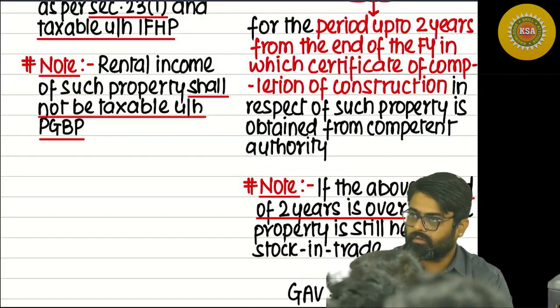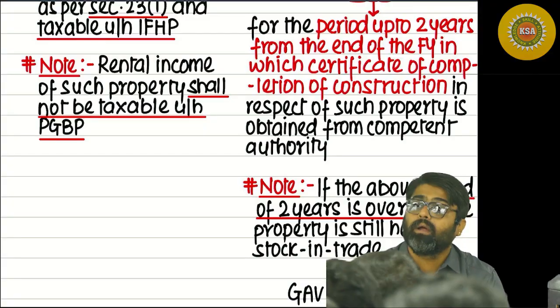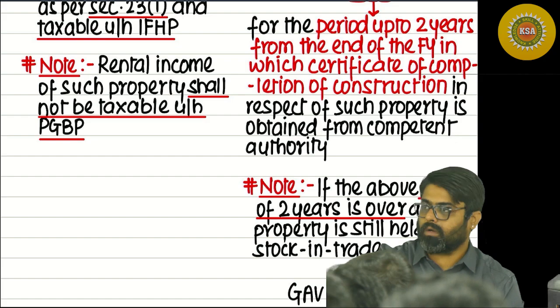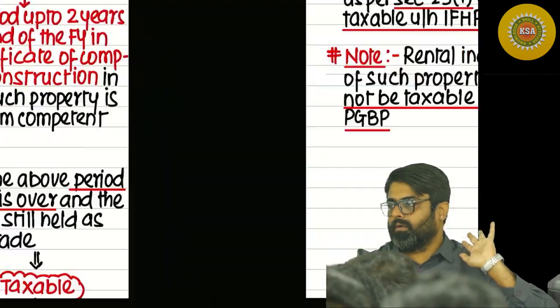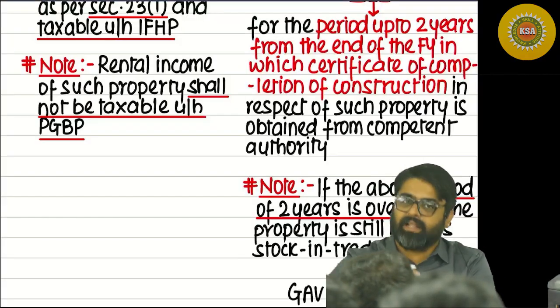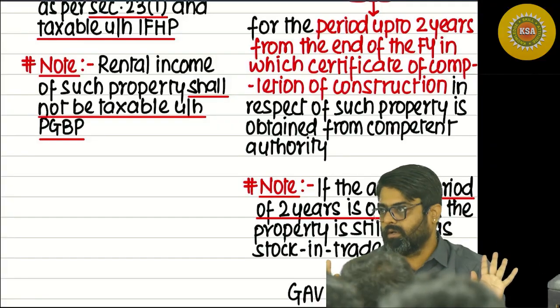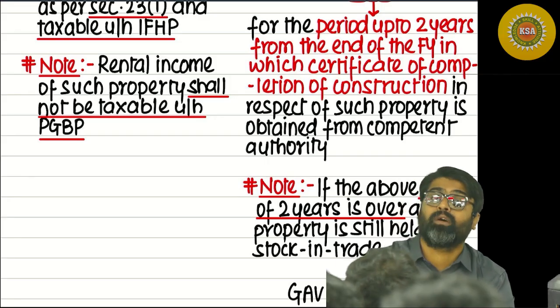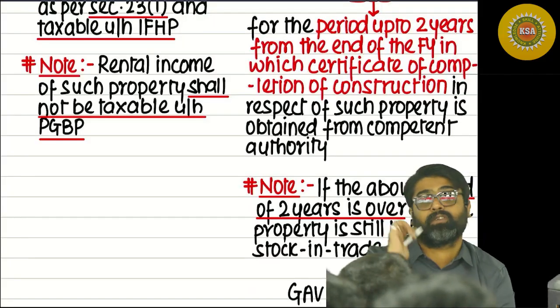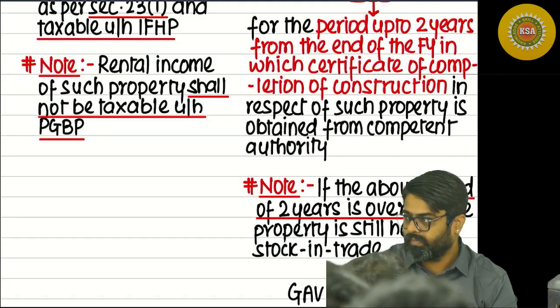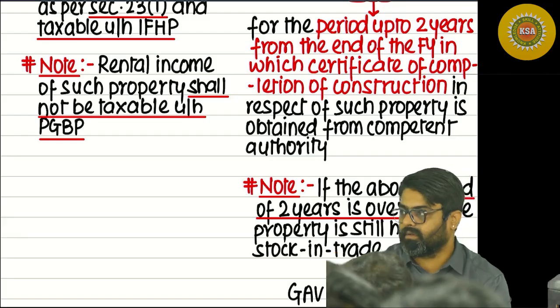So keep the property in your stock, don't give it on rent. Even if the property can earn rent, that annual value we are not going to charge for 2 years from the end of the financial year in which the completion certificate was issued. Whenever you construct a property, you have to take the permission of the corporation.